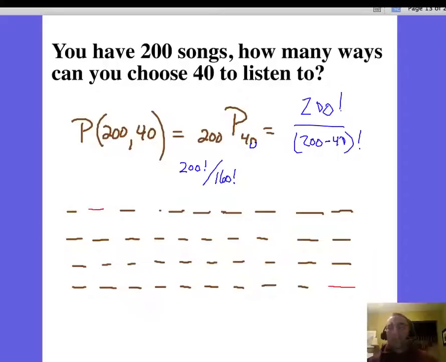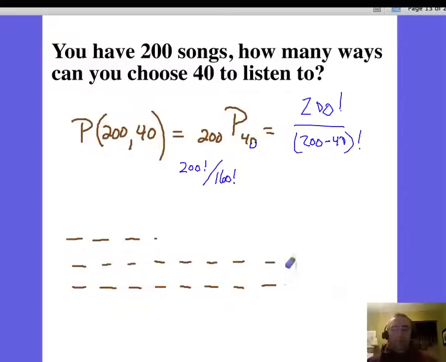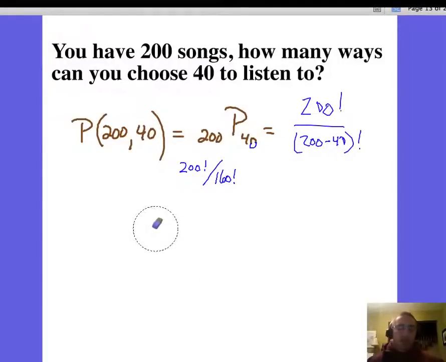Now those are some huge numbers. And that would take a long time to write out. So one thing we can do is our calculator has a feature where it will calculate 200 permutate 40 for us. Let's take a look.